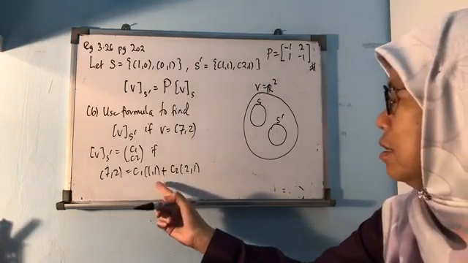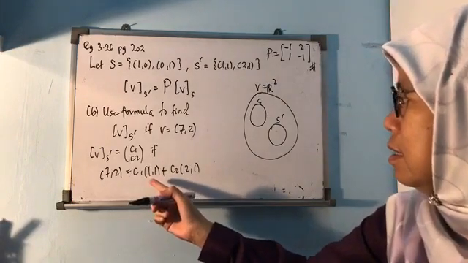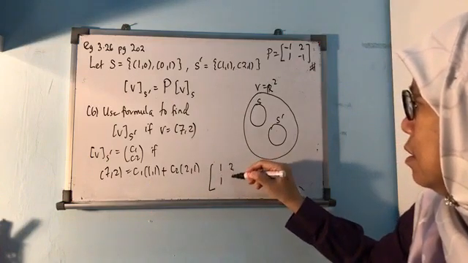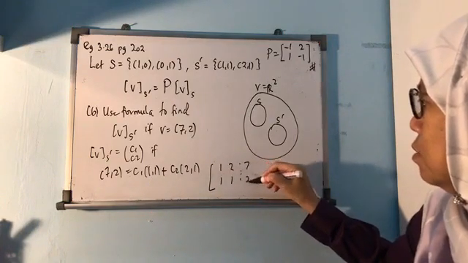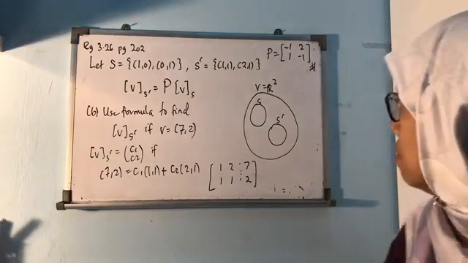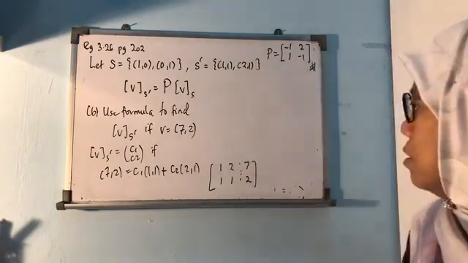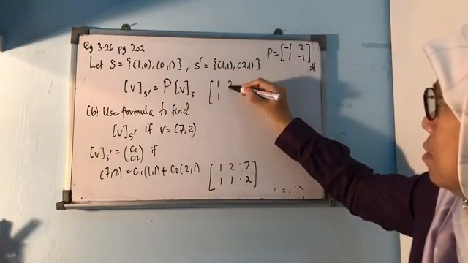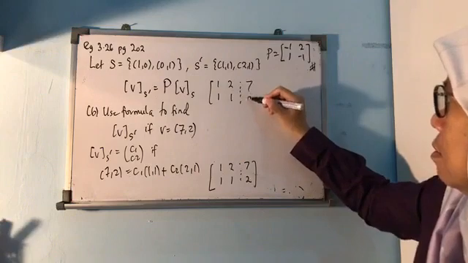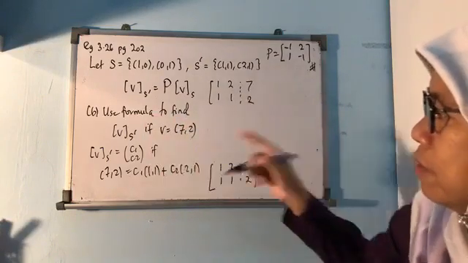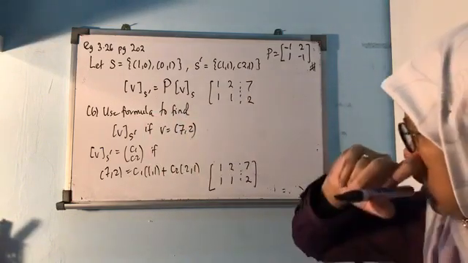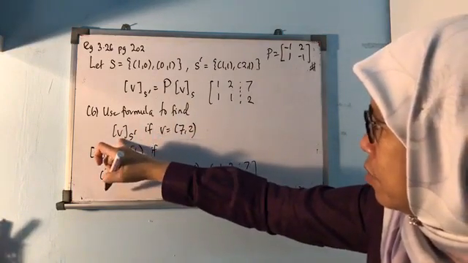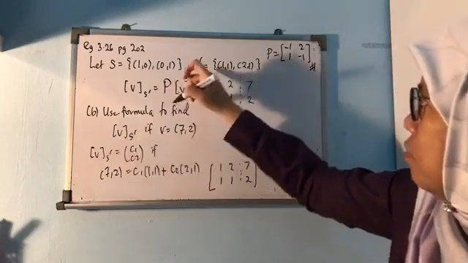And from here, you can get the answer by doing this: 1, 1, 2, 1, 7, 2. Let's try to do this. I'm just doing the definition first. What does it mean if you want to find the coordinate vector of V relative to S prime?